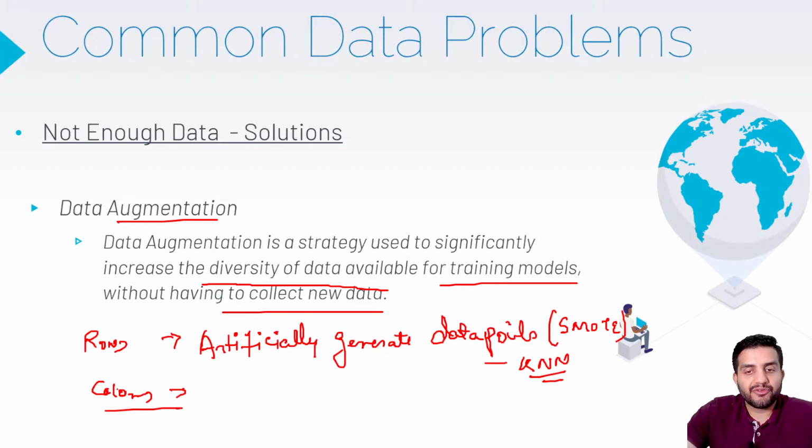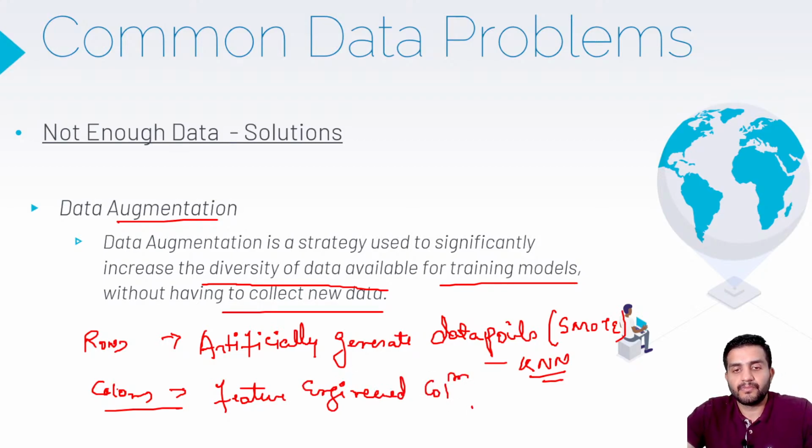And from the columns perspective, you can look at the feature engineering which is happening. It's more like feature engineered columns. So in this case, suppose I have the feature sets which are columns A, B, C, D, E, F, right?